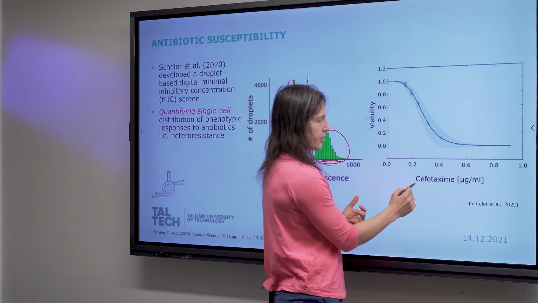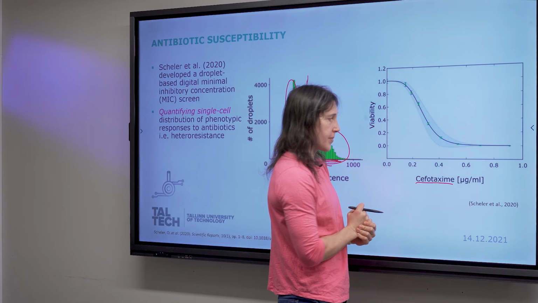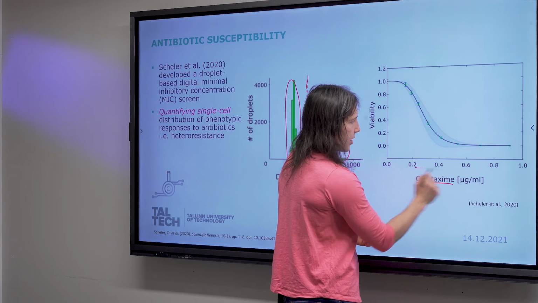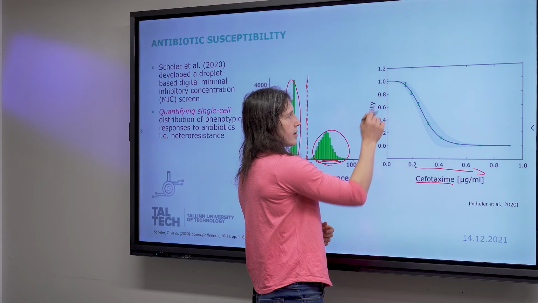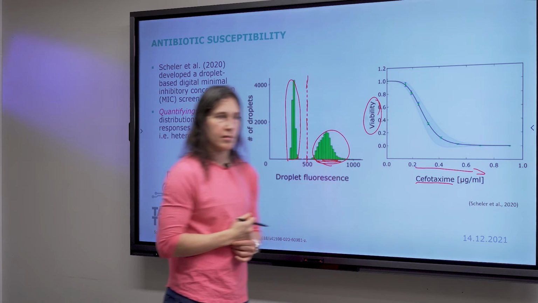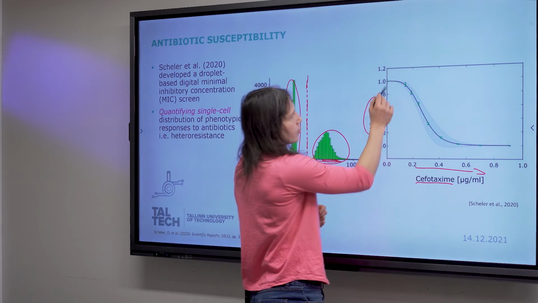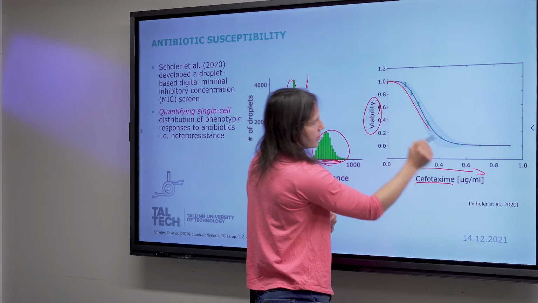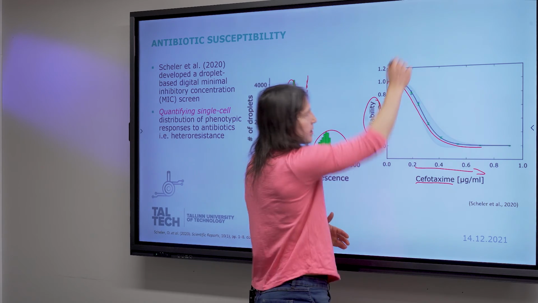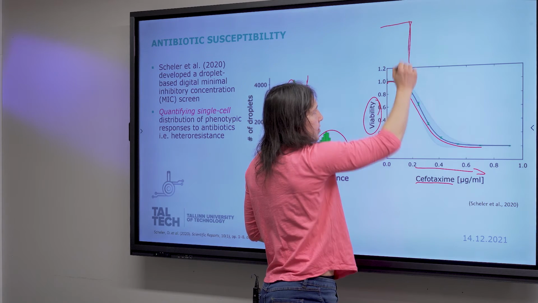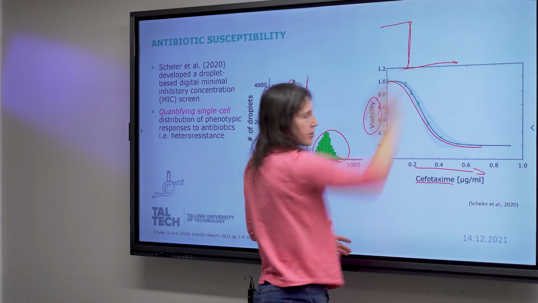Let's say you add an antibiotic called cefotaxime, with higher concentration on the x-axis, and then you look at how many droplets are positive, or how many bacteria are alive and growing. Then you have this nice downward trend, and you see that it's not a straight line down to a certain point where there's no growth.